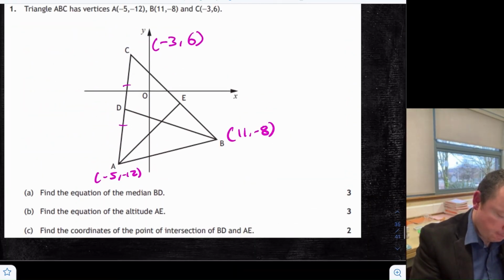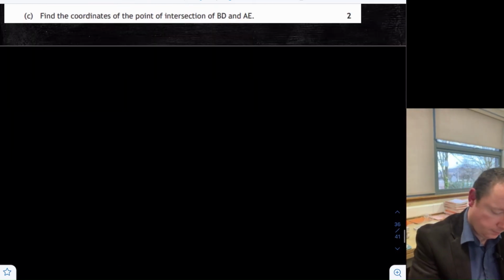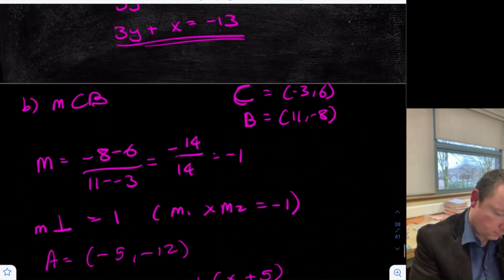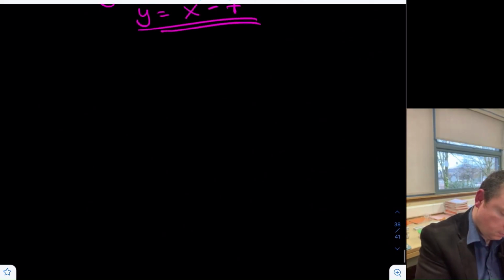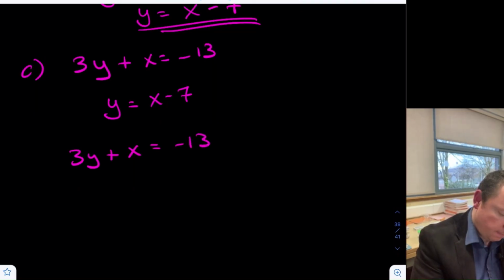Part C, find the coordinates of intersection. So we've got two equations, solve them simultaneously. So our first equation was 3y plus x is equal to minus 13, and our second equation was y equals x minus 7. So making them both look the same, I'll have 3y plus x equals minus 13, and I'll have y minus x equals minus 7.